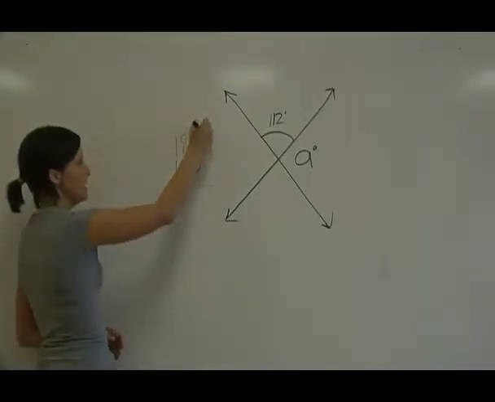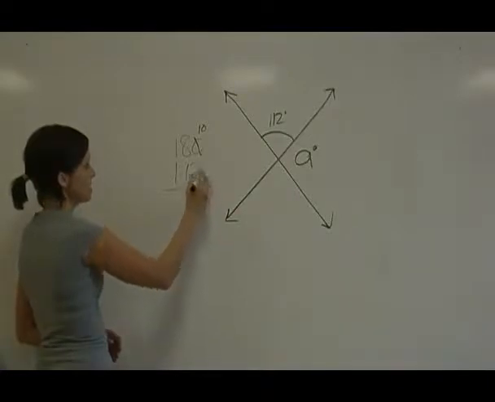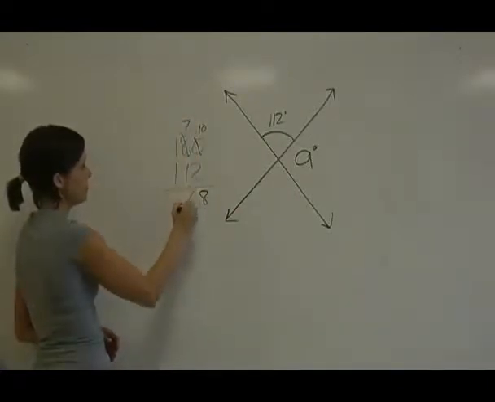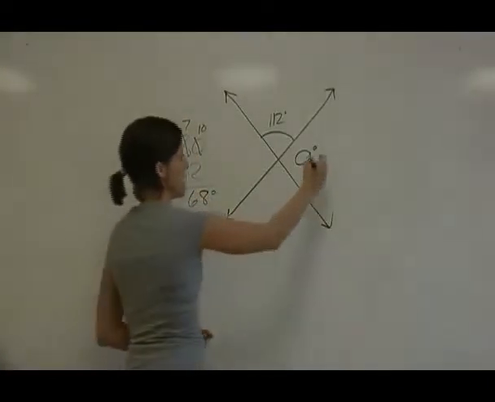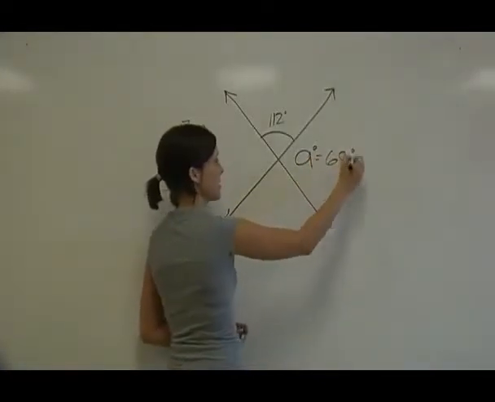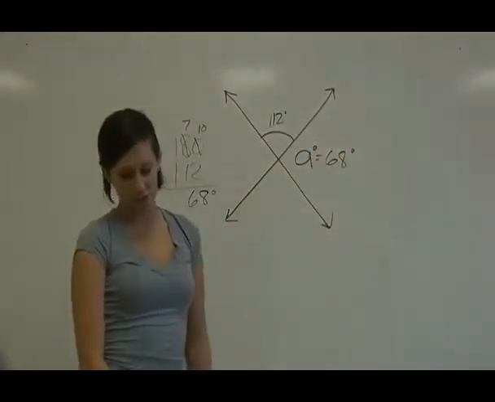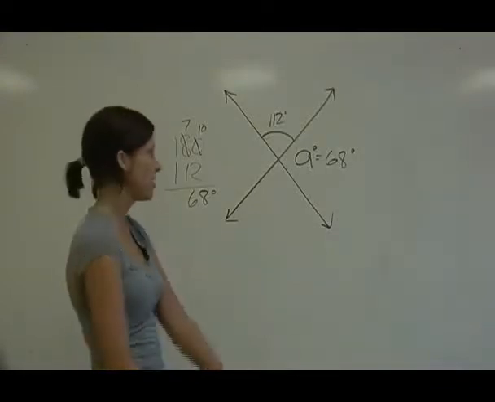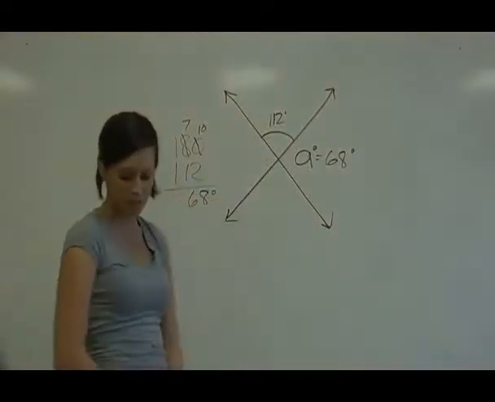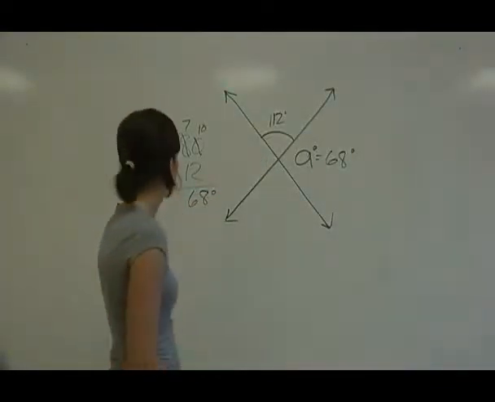Okay, so we got 10 here, and that's 8, 7, 68. So our answer is simply 68 degrees. That would be selection B. So knowing that a straight line equals 180, let's move on to number 3 and apply that rule.